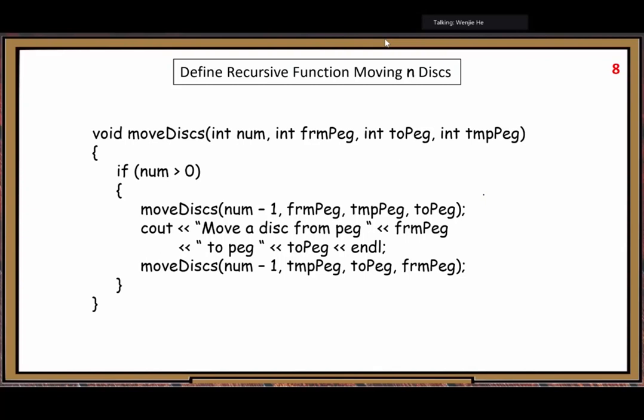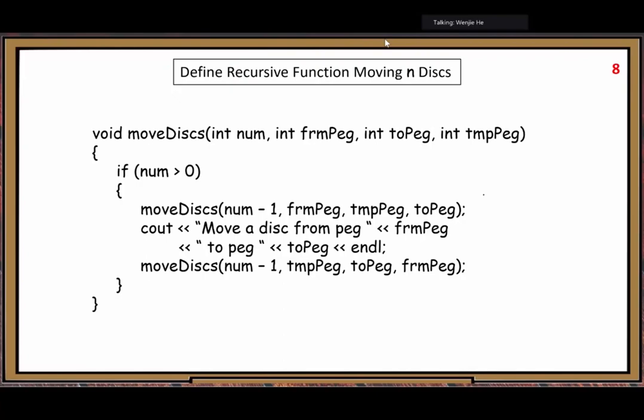Then we need a temporary peg. So in this order, we manage the data using these 4 integers. That's good enough to describe this problem, and we get sufficient information to complete the whole solution.